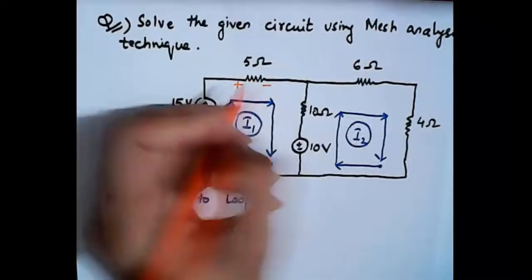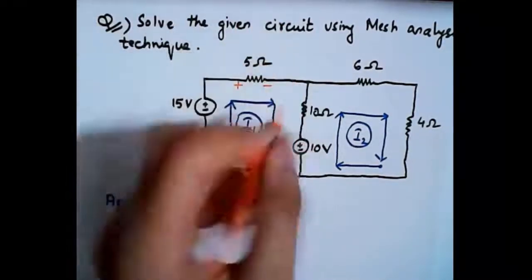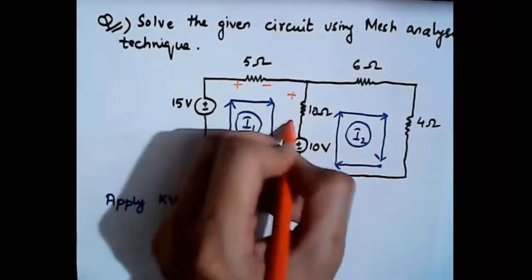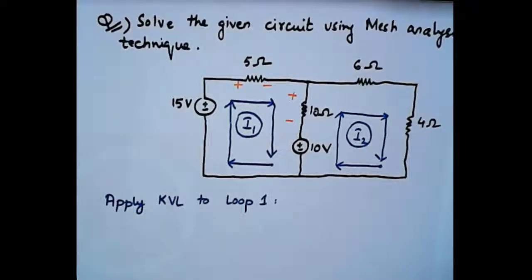Here the current is entering the resistance, so it should enter the positive terminal. This one will be negative. Similarly, here the current is moving in this direction, so it should be entering the positive and leaving the negative, right? And once you have defined the polarities, you cannot change them.